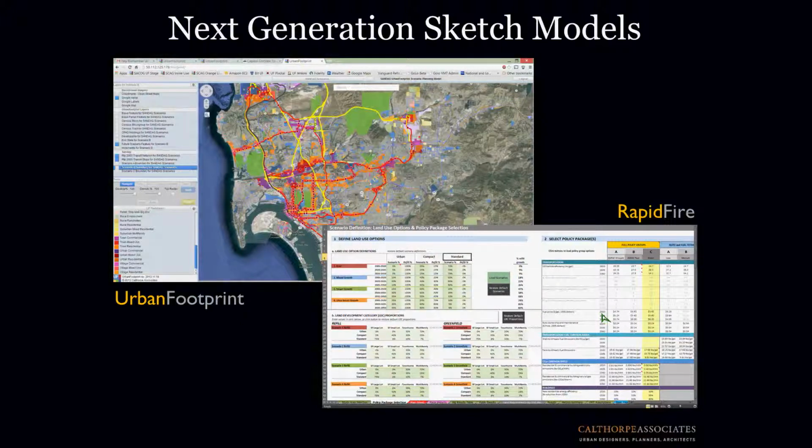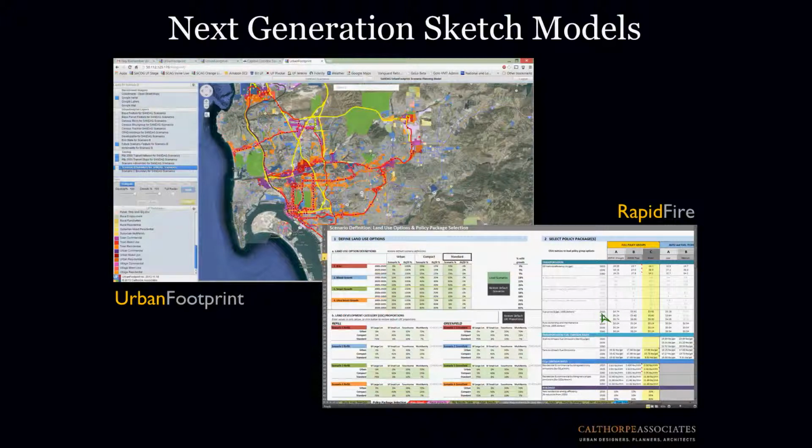And so we ended up building a couple of novel tools. One, RapidFire, which is a programmatic spreadsheet-based model and kind of the baby sister of UrbanFootprint, which is an open-source geospatial model built on fully open-source, non-proprietary software tools and delivered through a web interface, which is what we've been hard at work on over the past year. So I'll get more into that.